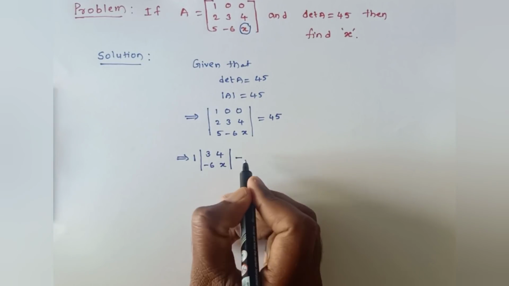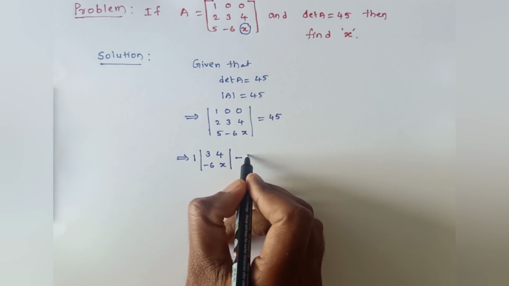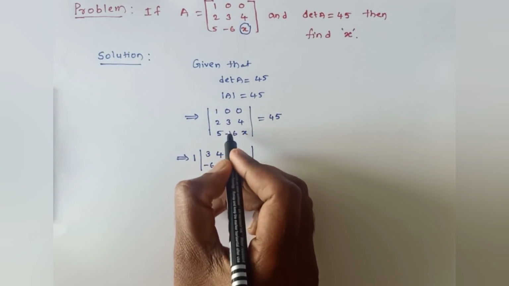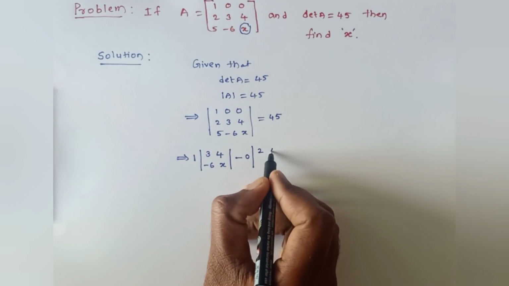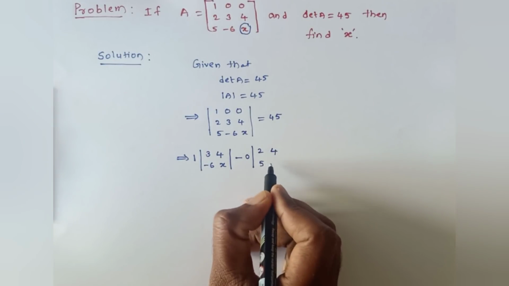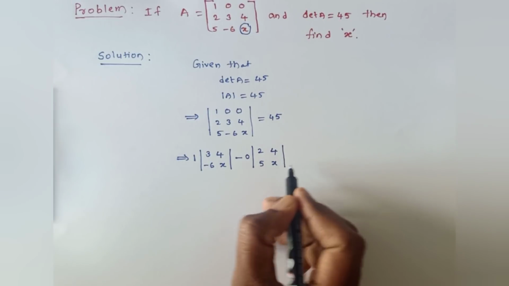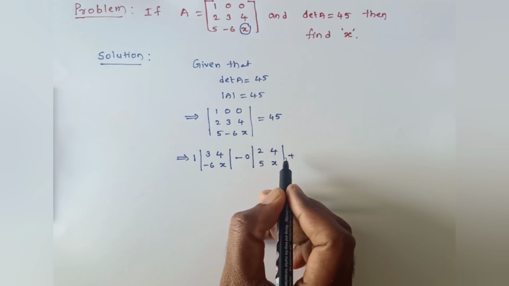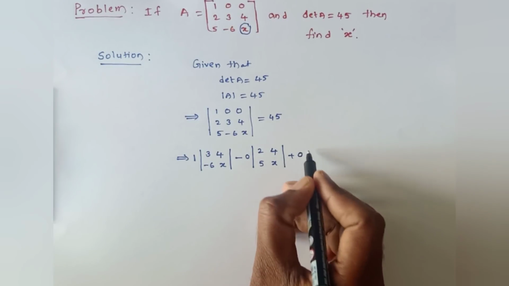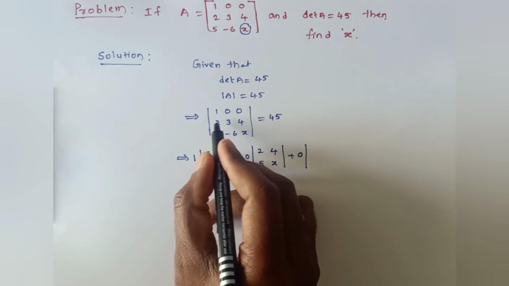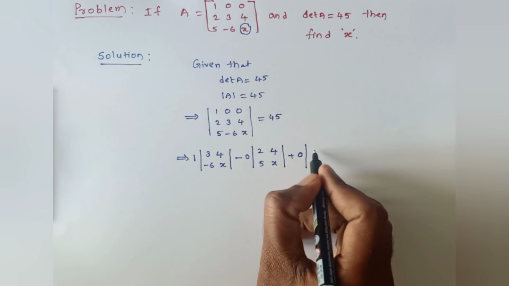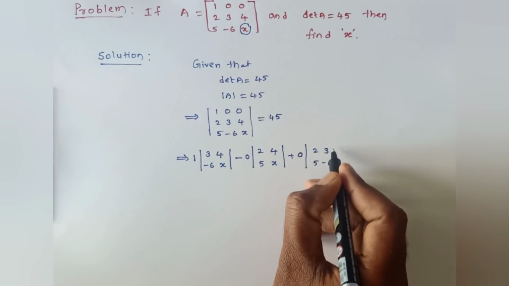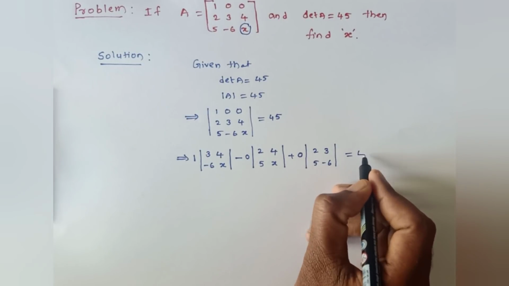The next sign is minus, and the element is 0 times, by deleting this row and column, the rest of the elements 2, 4, 5 and x. The next sign is positive, since it is plus minus plus, and the element is 0 into, by deleting this row and column, 2, 3, 5 minus 6.